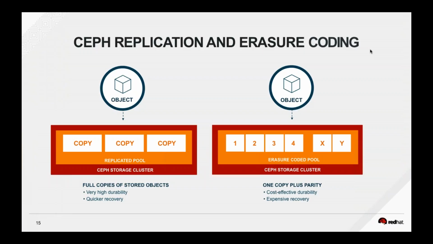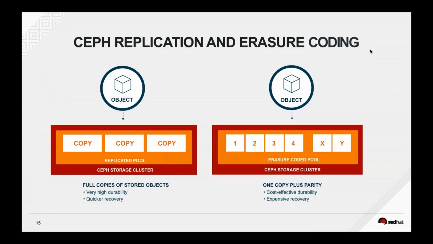On the right side, we have erasure coding, which is something like a redundant array of inexpensive nodes. So you have 6 nodes, the data is spread on 4 nodes, and 2 nodes are for parity. The erasure coding algorithm ensures that data and parity are distributed evenly across the nodes. So this is 1 copy plus parity, and we can have an n plus m algorithm where n is the data chunk and m is the parity chunk, and that will define the availability of the data.